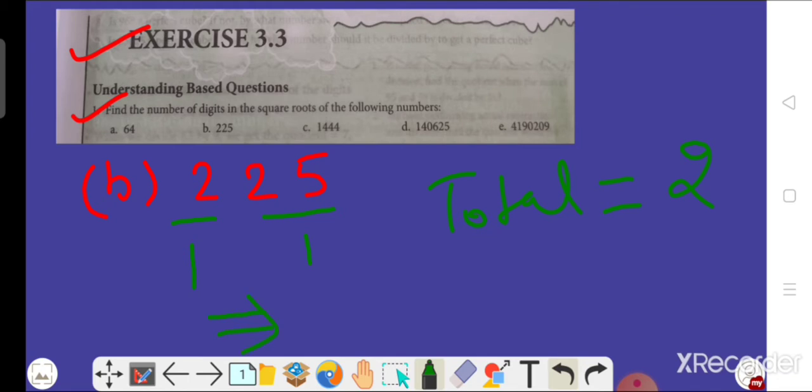This implies that beta, the number of digits in the square root of 2 to 5 is 2 beta. Okay. In the same manner, we will take another example, and that is D part.